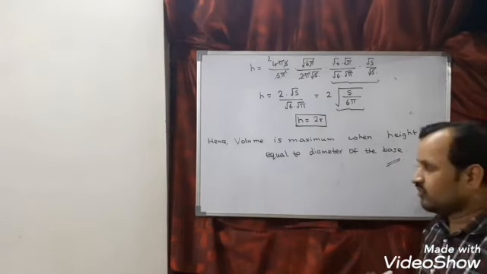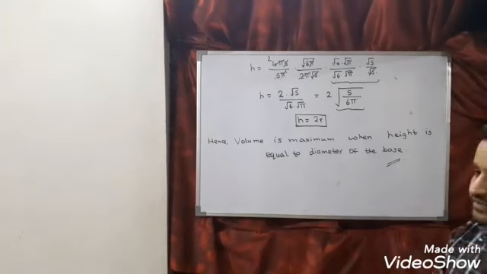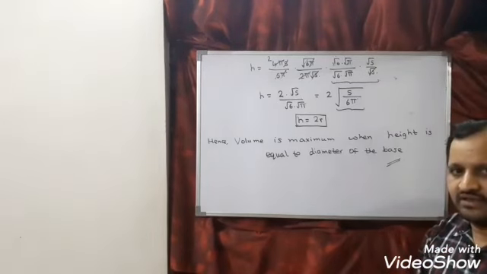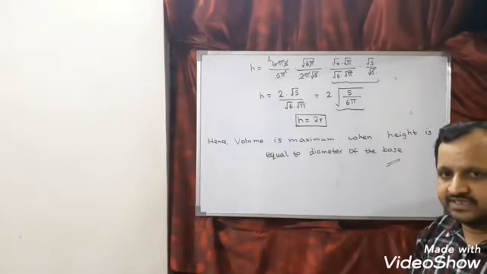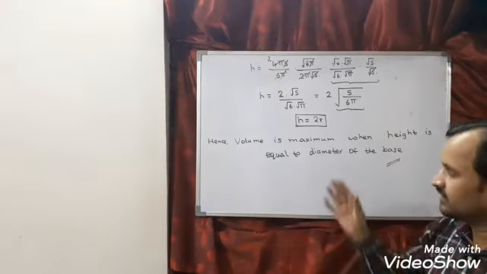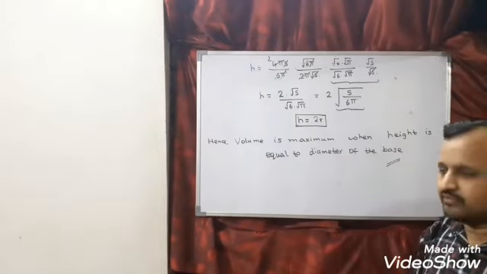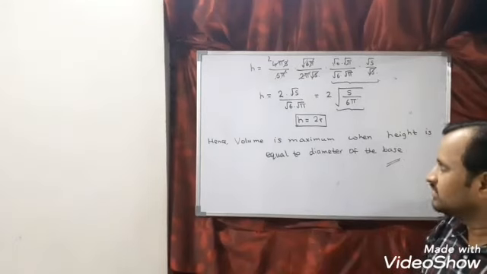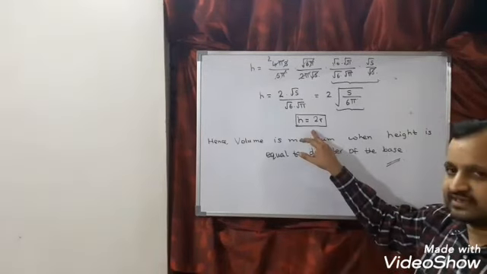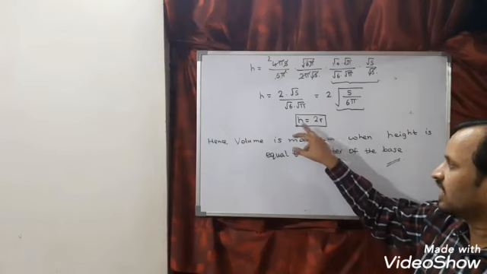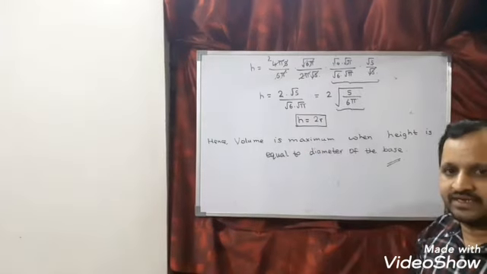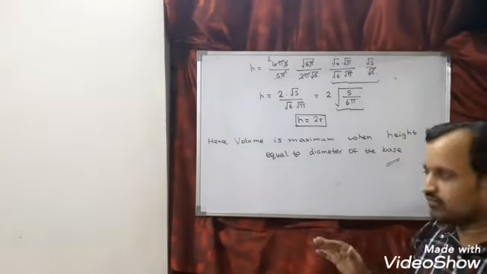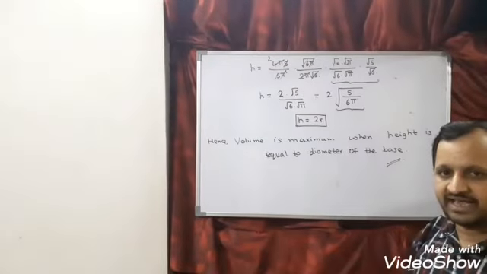So same as what we did in the last question. We calculated h from the surface area, then we found the volume, then we differentiated volume with respect to radius, and the question here is we have to show that height is equal to the diameter of the base. In the question it is given that volume is maximum.